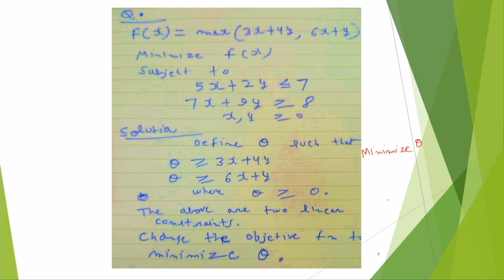So if I make theta very small, then this function will be even smaller than that, or maybe in the limiting case it can be equal. So that's how I can do that type of thing. Like that, for many problems you can just change your objective function and do that. Here I had to introduce one extra variable theta.